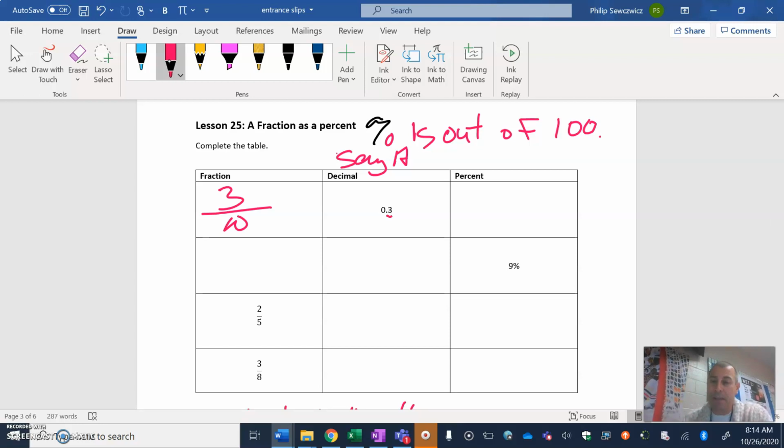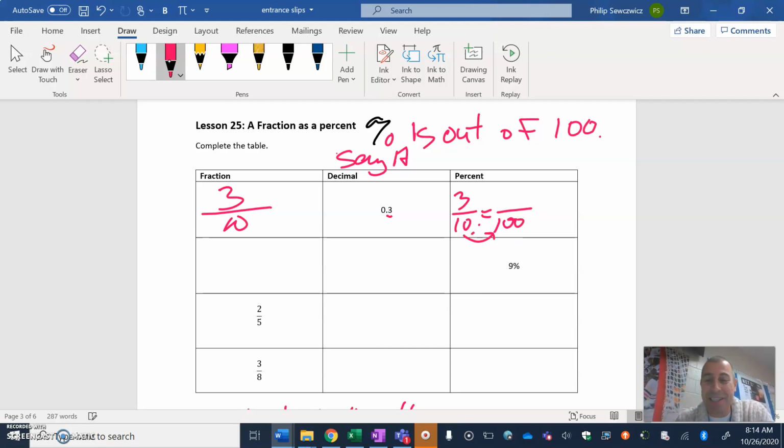All right, so now percent. Percent is always out of 100. Right now, when I look at my fraction, it's 3 out of 10, but I need it out of 100. So let's get it out of 100. Right now I've got 3/10 and I need it out of 100. So what can you multiply by?